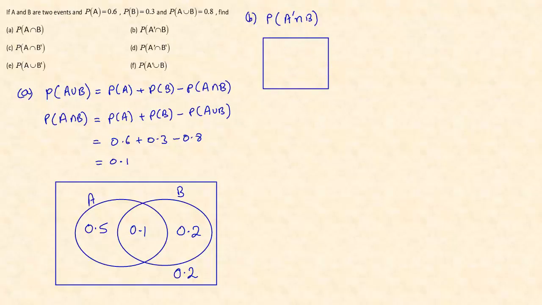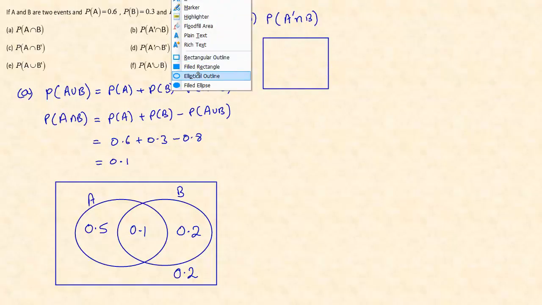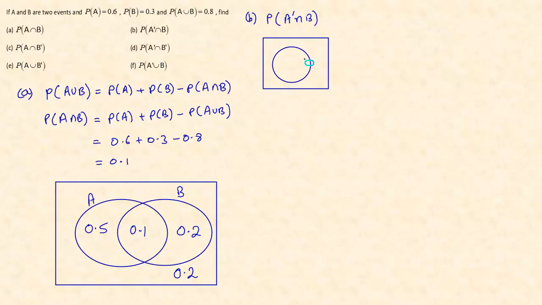So if we have a diagram here with A and B like so, so this is A, this is B, and then we'll have not A, well that's going to be everything outside of A. So it's going to look something like that. And then what we want to do is shade B.